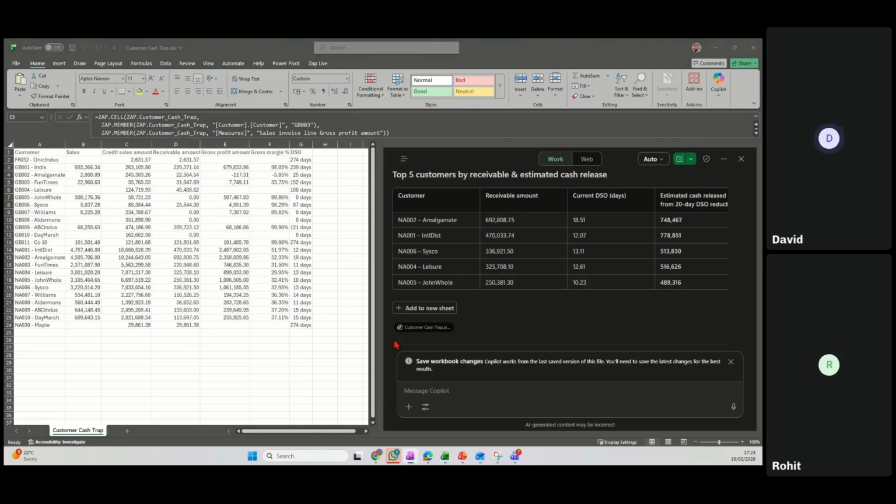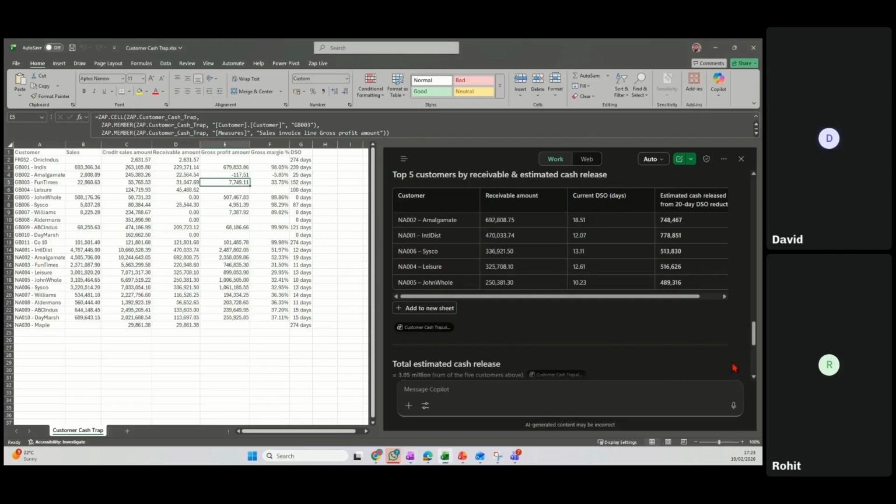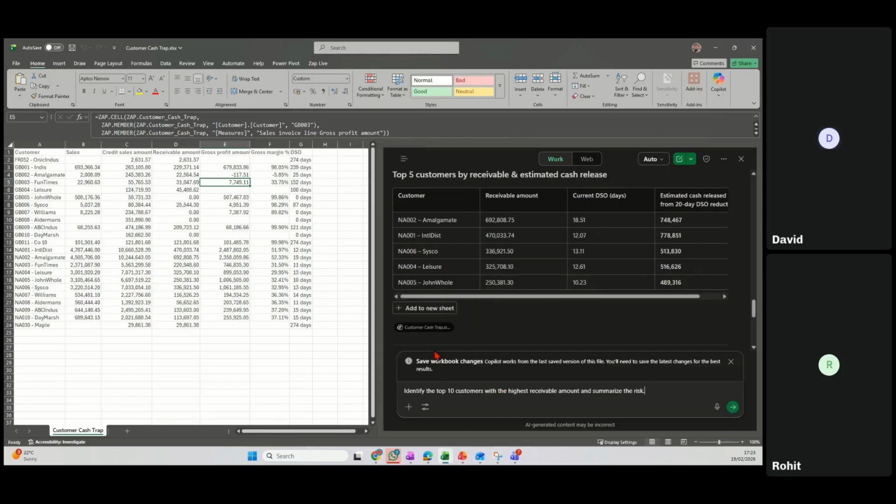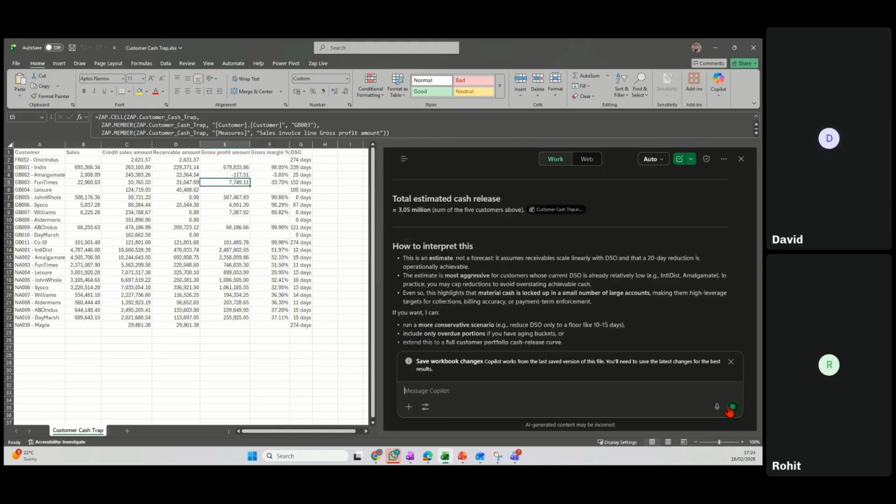Now, once we have it in Excel, we can start interacting. I can use Copilot to ask questions. So here I already made some questions before starting the webinar. For example, here I'm going to write, identify the top 10 customers with the highest receivable amount and summarize the risk. I'm going to click on this.